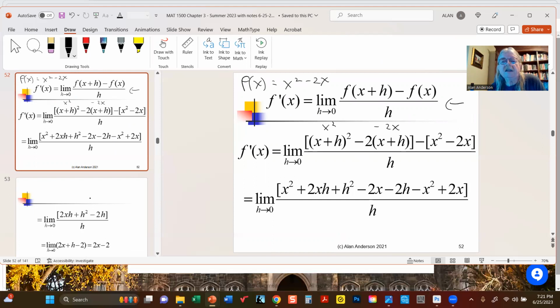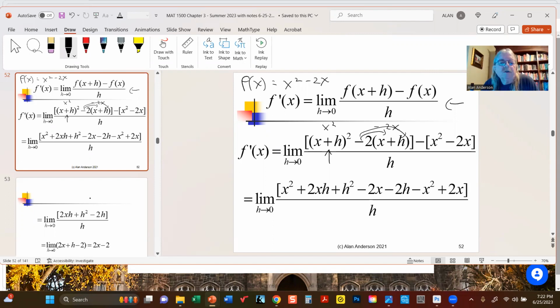So in other words, the x has been replaced with x plus h in both terms. F of x itself is right here. So we expand this one, and if you use FOIL on it, you'll get x squared plus 2xh plus h squared. Here we distribute -2 over both of these terms with minus 2x, minus 2h. Then we drop the parentheses down here. We have minus x squared plus 2x.